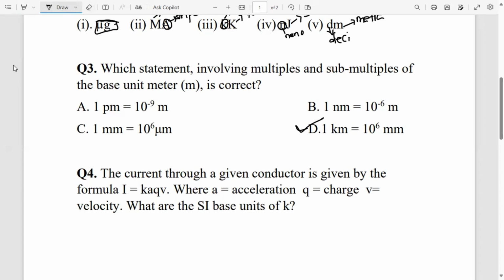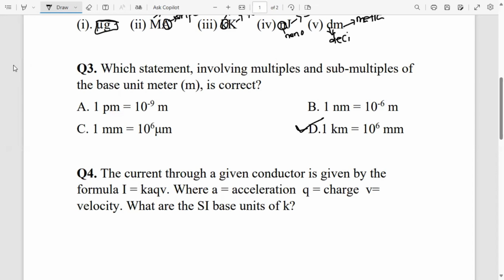1 kilometer is equal to 10 power 6 millimeters, or 1 million millimeters. If you want to prove that statement, you can go down from the submultiples. You convert millimeters to centimeters to meters until you reach kilometers.